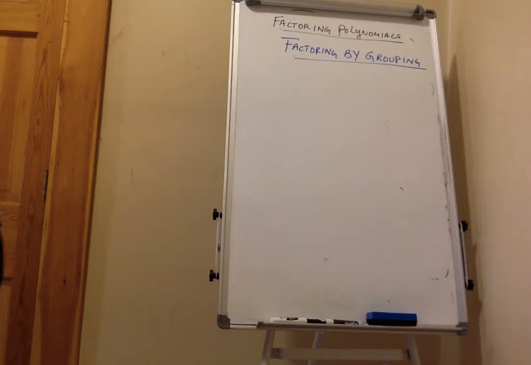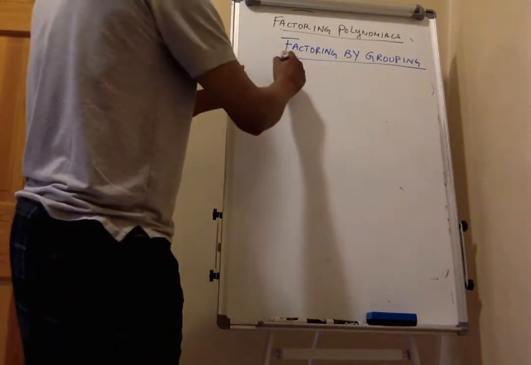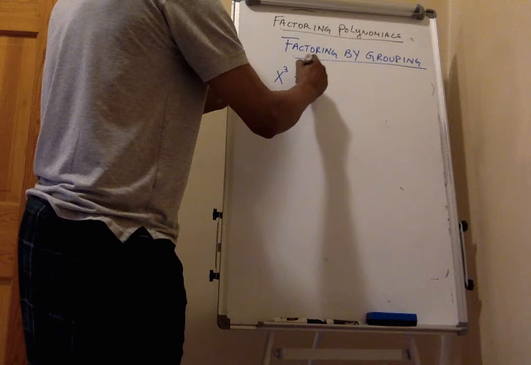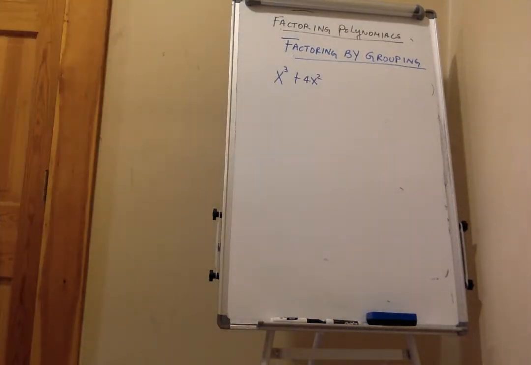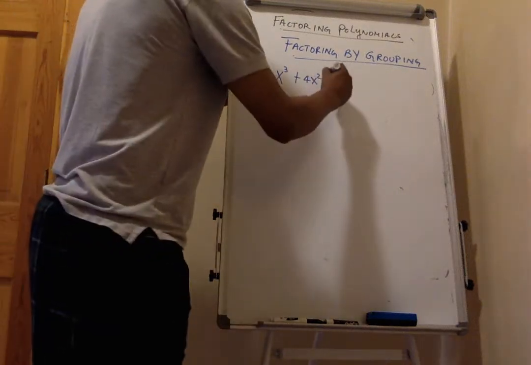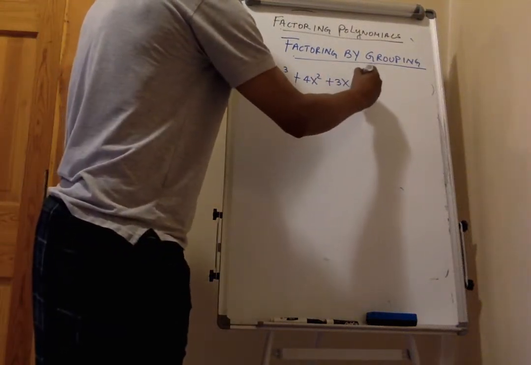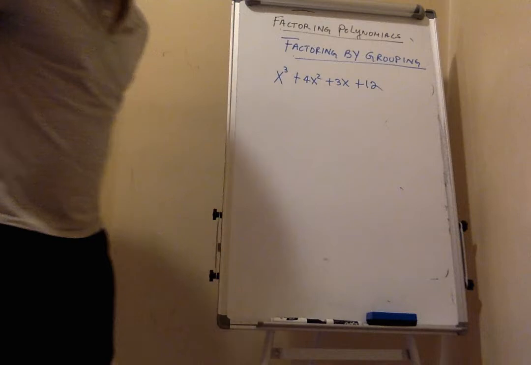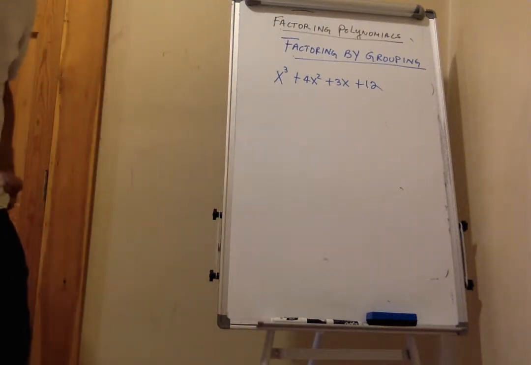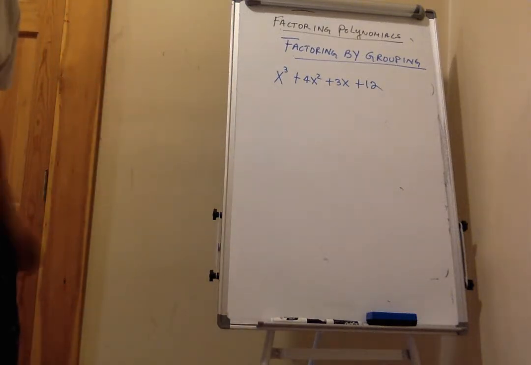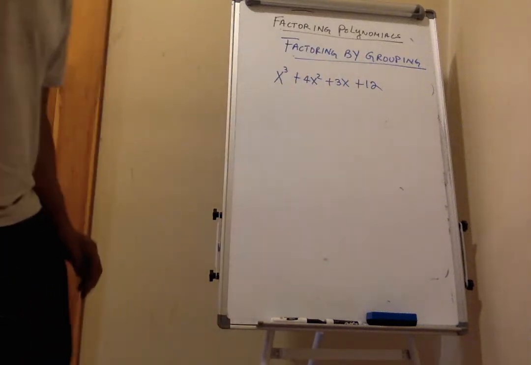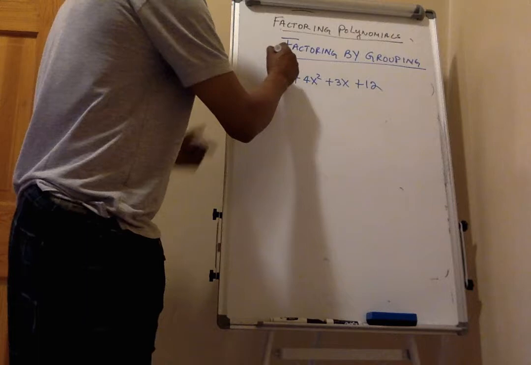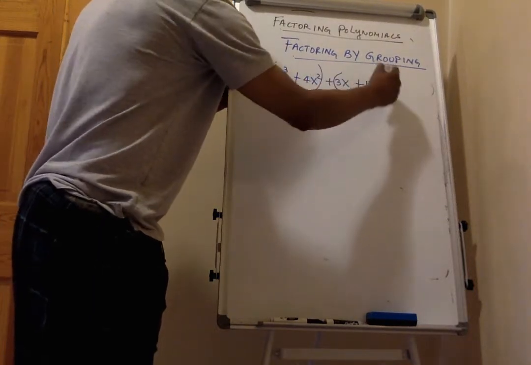So let's say you have x cubed plus 4x squared plus 3x plus 12. Now you have 4 terms. When you do this, it is trial and error. You can always shift the variable so that you can have factors that correspond to the question.